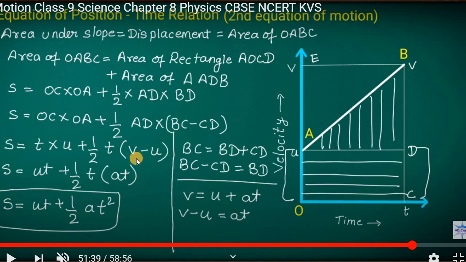So instead of writing V minus U, we keep this value AT over here. Now UT as it is, 1 half AT as it is, and this T we multiply in this bracket, so we get AT square. So S is equal to UT plus 1 half AT square. This is the second equation of motion, which is the position versus time relation.